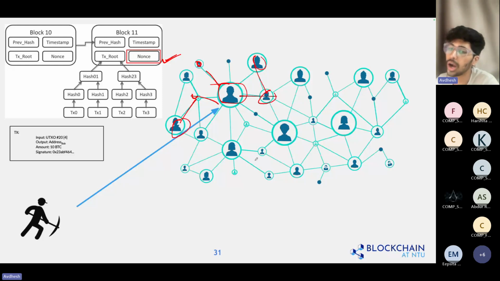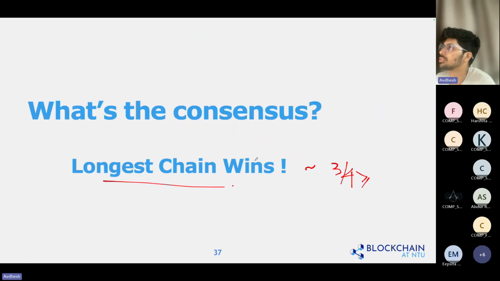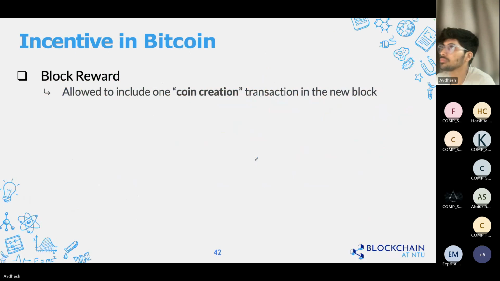This works throughout the entire system. So a lot of people are literally spending electricity just to verify what has already been verified. So why do they do that?